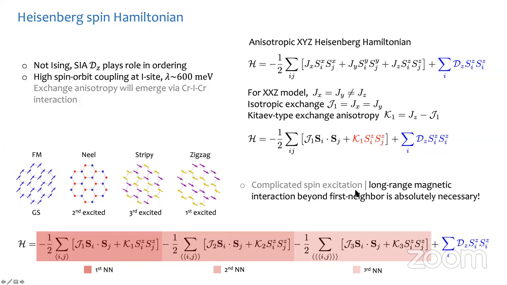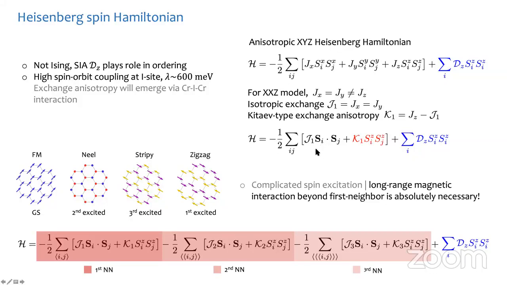the possible spin excitations. So in CrI3, the ground state is definitely ferromagnetic, but the first excited state is not the Néel antiferromagnetic structure, it is the zigzag antiferromagnetic structure.